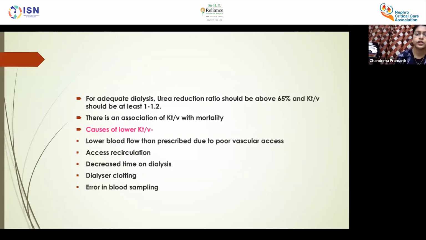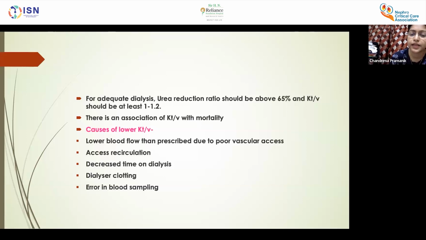There is another thing actually. There are a few causes which can lead to erroneous values of KT by V. One is if there is lower blood flow than prescribed because of poor vascular access, or if there is some access recirculation, that is, if there is any venous stenosis, there may be turbulent flow across the circulation, and blood may go from the venous line to the arterial line.